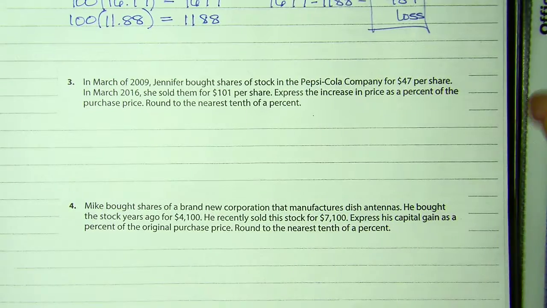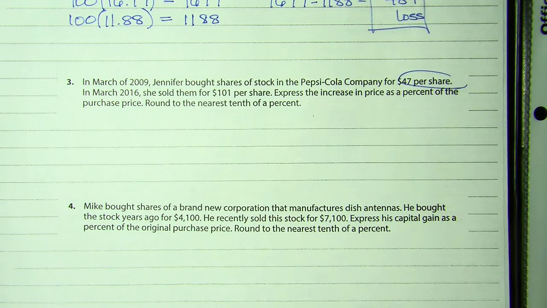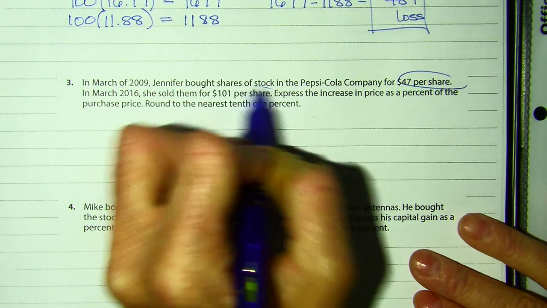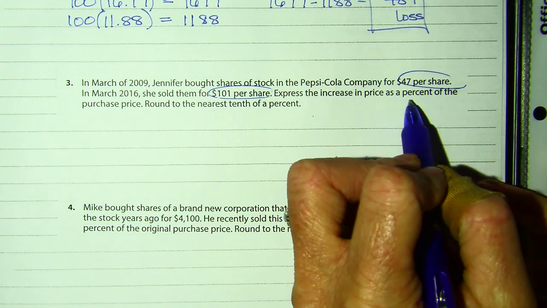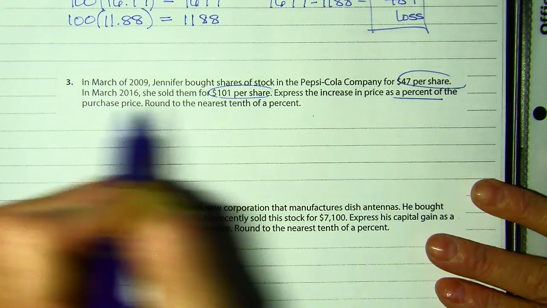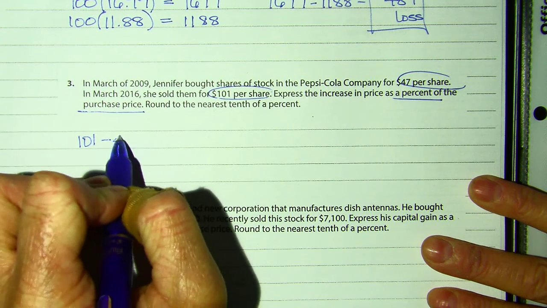Number 3. In March of 2009, Jennifer bought shares of stock in Pepsi-Cola for $47 per share. In 2016, she sold them for $101. Express this increase in price as a percent of the purchase price. So 101 minus 47.